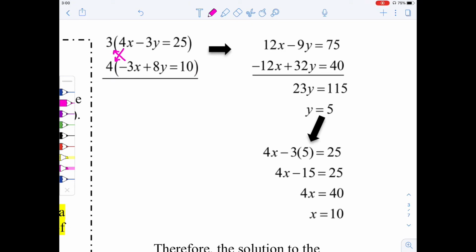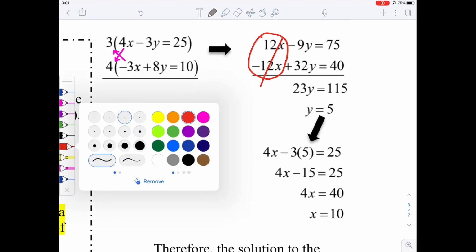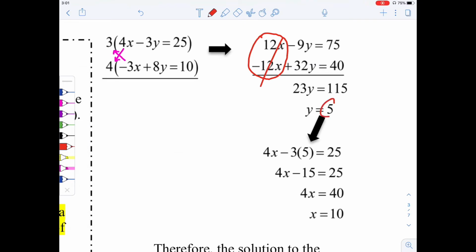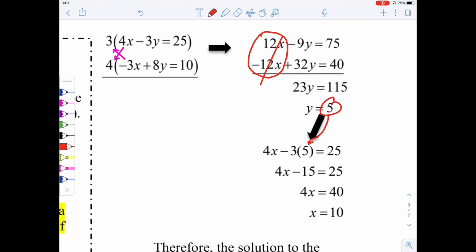So 3 times the top equation, 4 to the bottom equation. We want one of them to be positive, one of them to be negative, so we watch our signs by what we're multiplying by. So these are going to eliminate, and we can do the same process like we just did. We got 5 here, put it in for y, solve it, we get x equals 10.